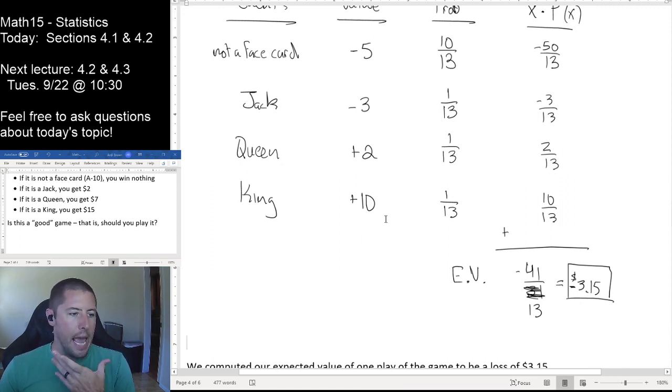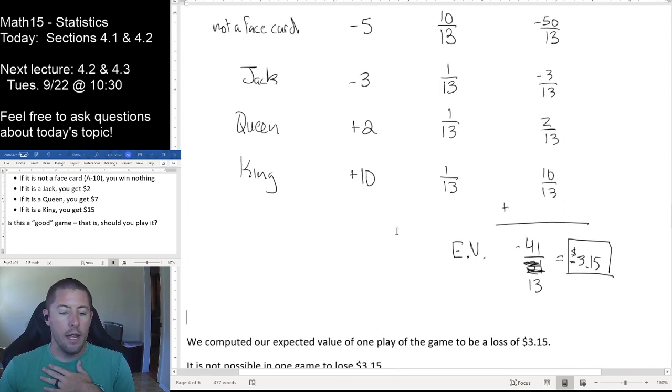But again, some of these outcomes, like losing $5, are much more likely than winning $10. And so they have more weight when we go to compute the expected value. These are like weighted averages. We gave 10 times as much weight to this result because this result occurs 10 times more often than each of these 3 results.